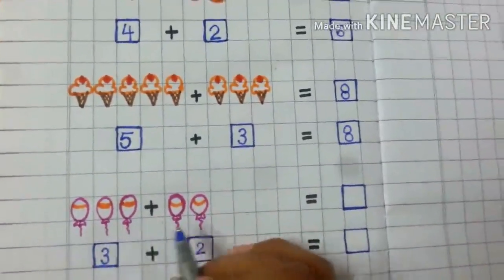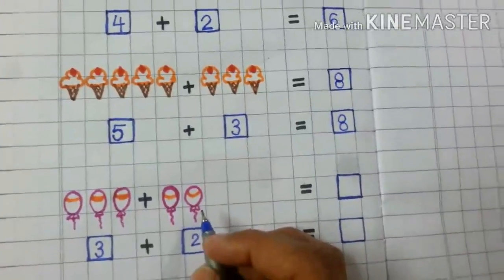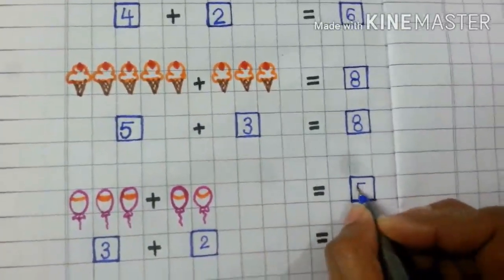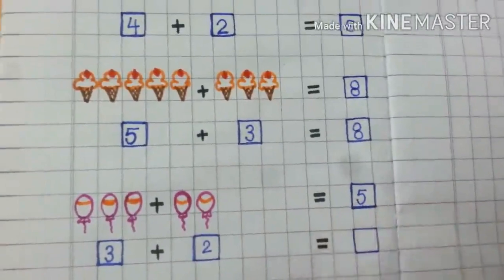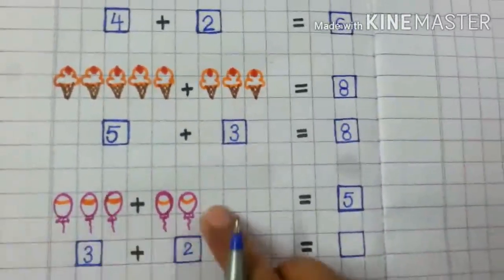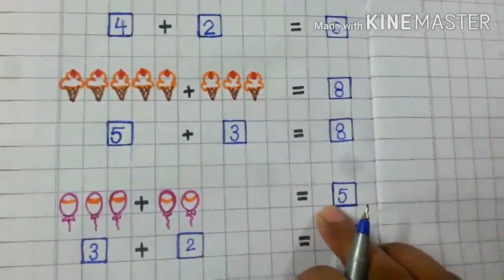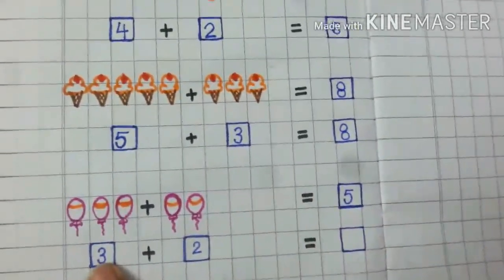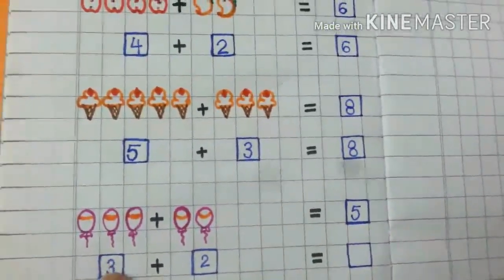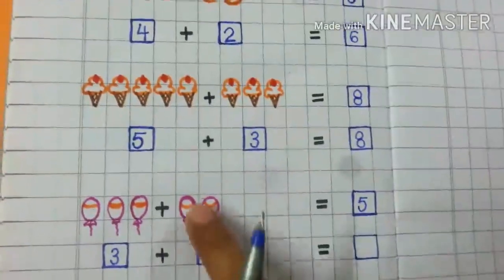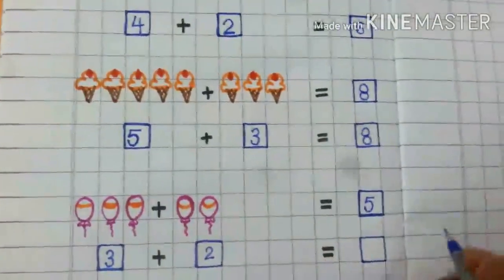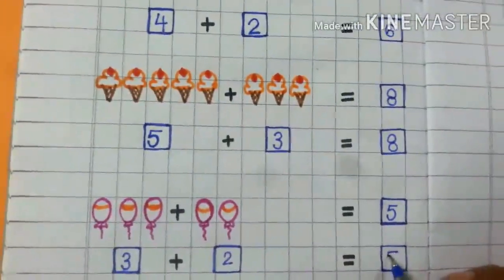We have 5 balloons. Write number 5. So total number of balloons are 5. Now 3 plus 2 equals to 5.